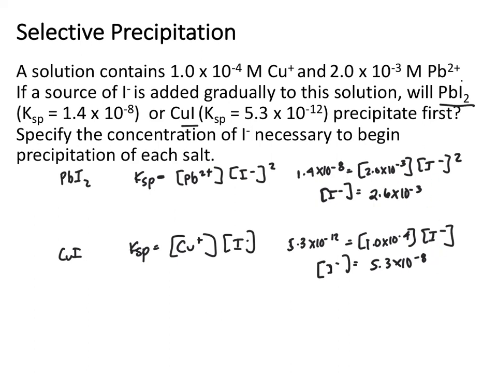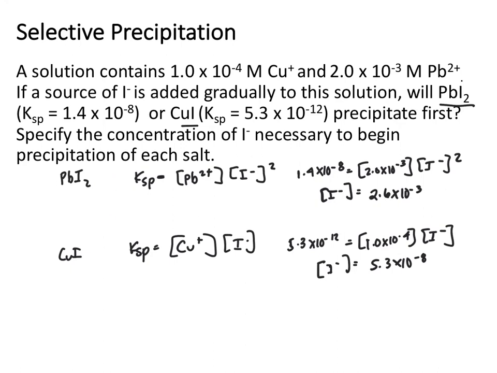Remember, as we are adding the iodide ion to the solution that contains both the copper and lead, we're trying to get to a specific concentration of the iodide so that precipitation will occur. As I add iodide to the solution with these ions, we're getting closer and closer to the appropriate concentrations needed for the precipitation of these two species.